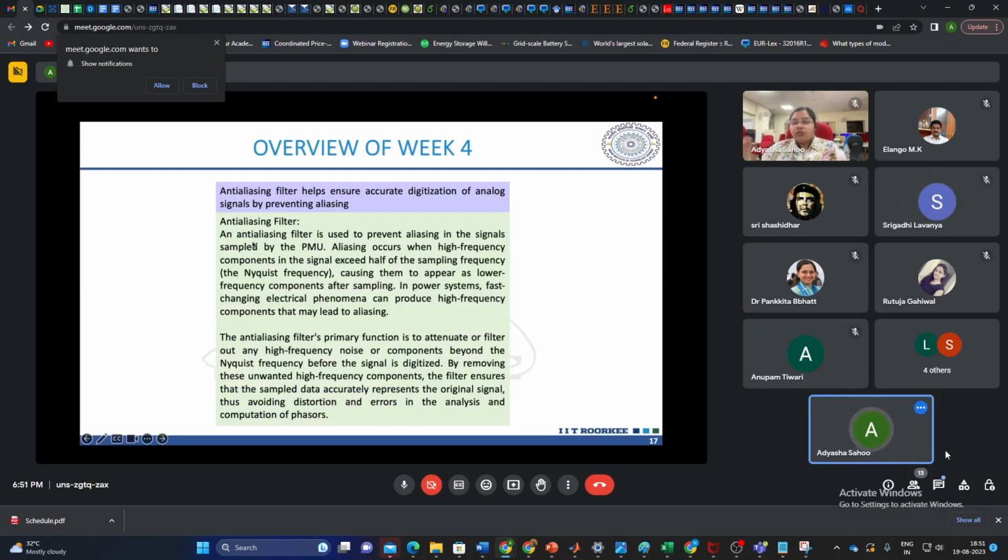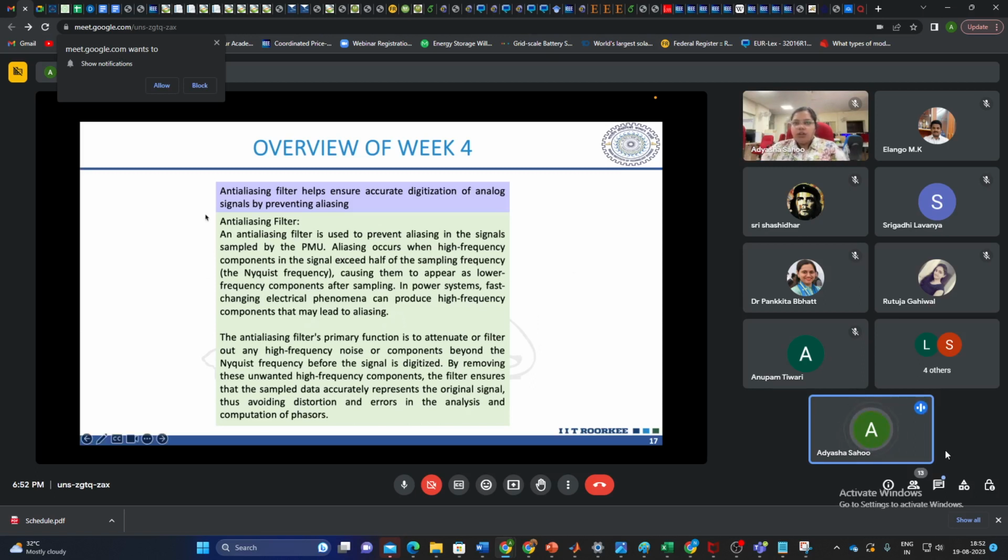Then we'll discuss what anti-aliasing filters basically are. You must have studied the sampling frequency. Obviously, we need a higher frequency to get better data. But if this is greater than some threshold, that is 2 times the fundamental frequency, then the higher frequency signals will start to appear in your waveforms and distort them.